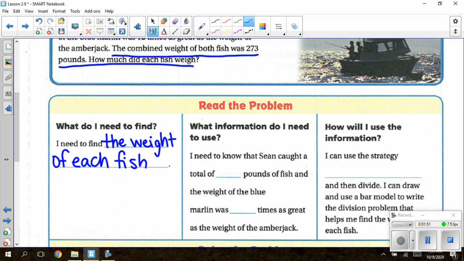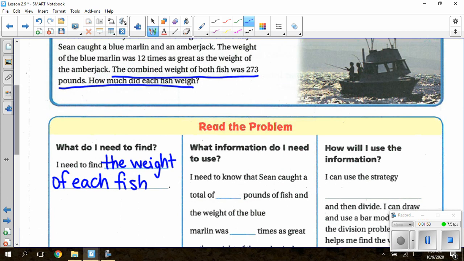And looking back up at the story problem, the information that I need to know is that he caught a total of 273 pounds of fish, and that the weight of the blue marlin is 12 times as great as the weight of the amberjack.